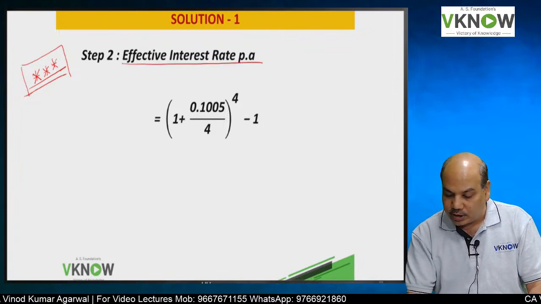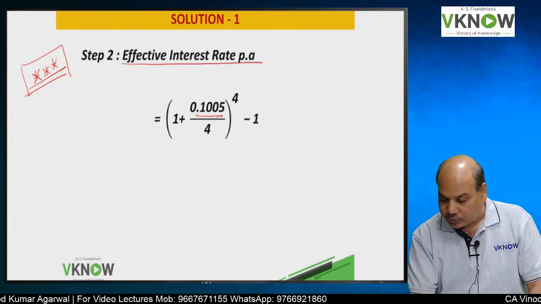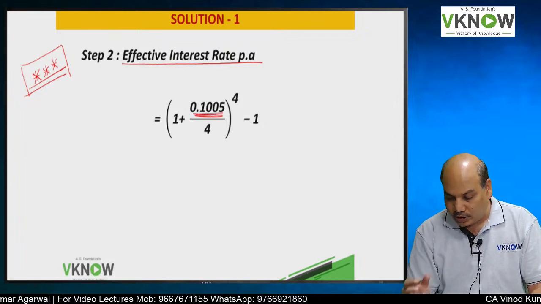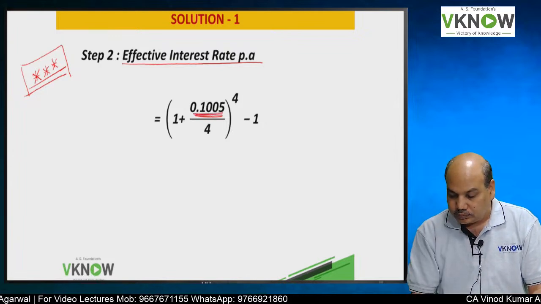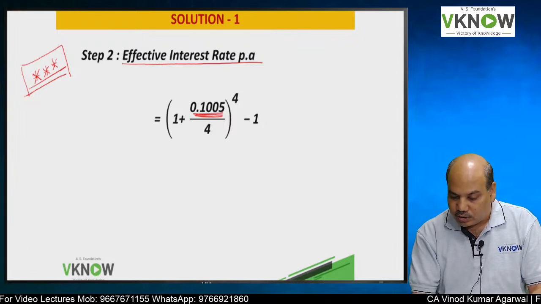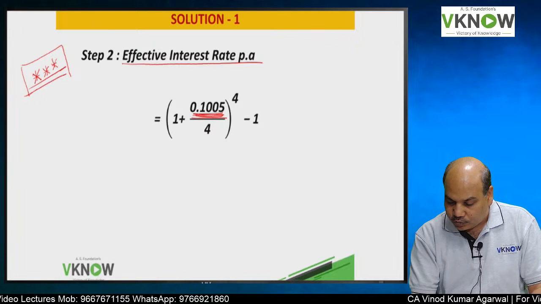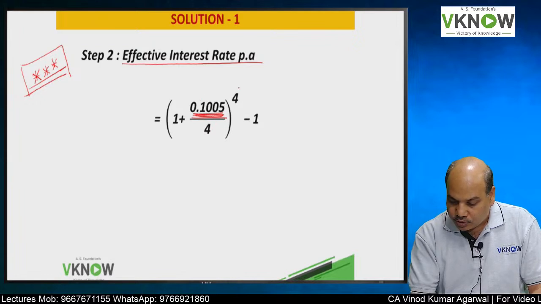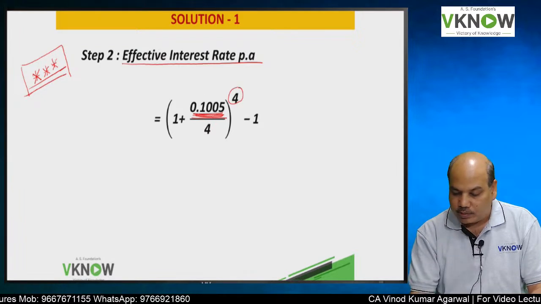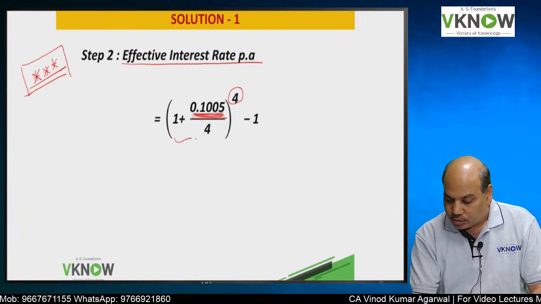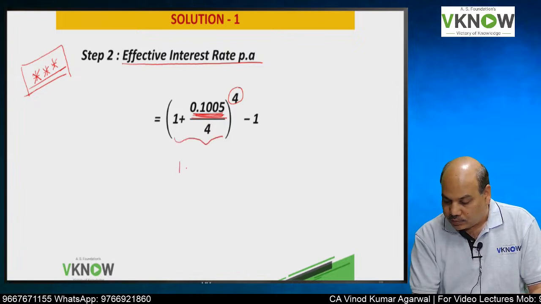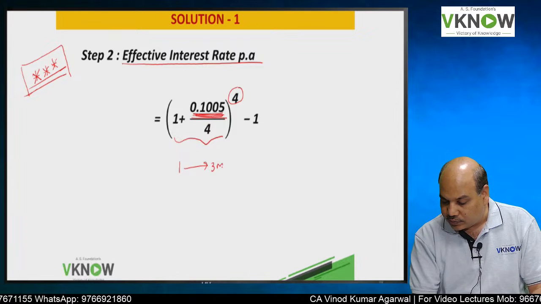Effective interest rate per annum will be 1 plus this nominal interest rate per quarter, compounded quarterly. So divide by 4, to the power 4. Divide by 4 will give you the value of 1 rupee after 3 months.